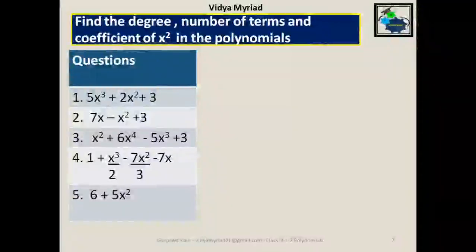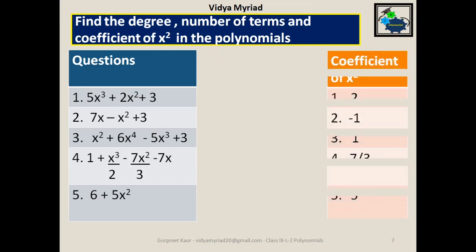Now we have to find the coefficient of x square. One by one we will look into the terms where x square is there and write down the number attached to or multiplied with it. In the first case, it is plus 2x square, so I will write only 2 as my answer.